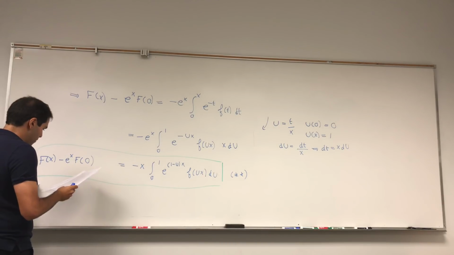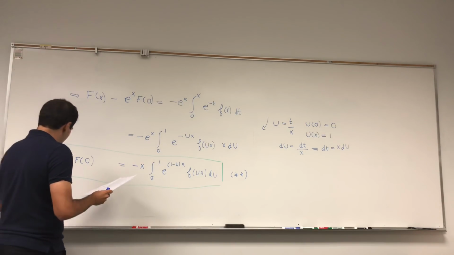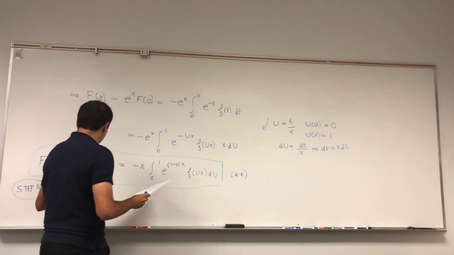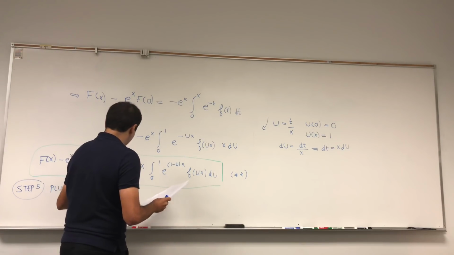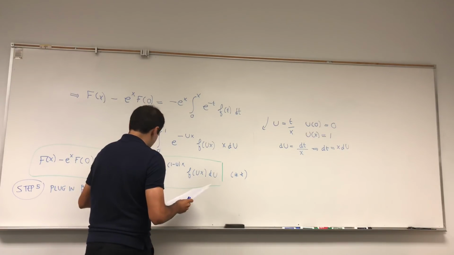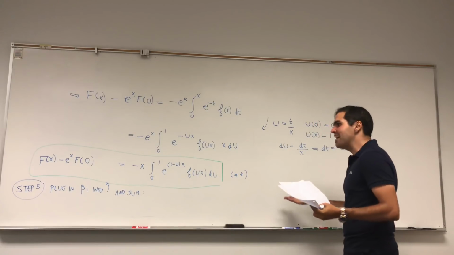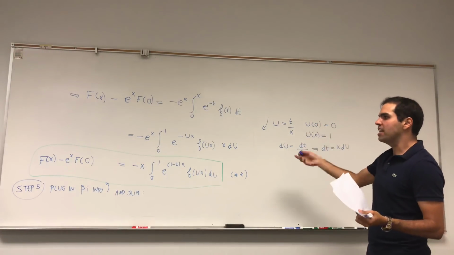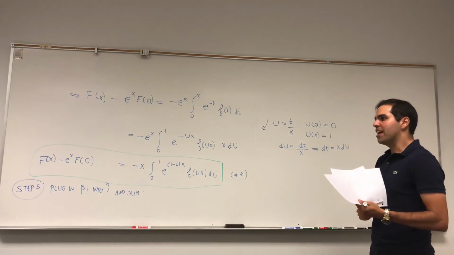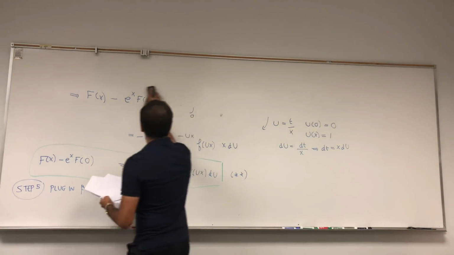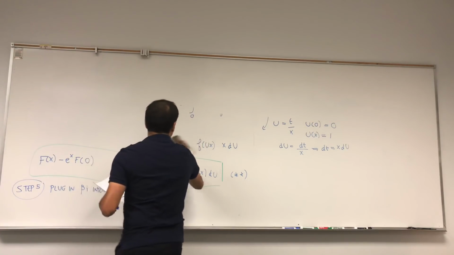So step 5, plug in beta i into this and sum. So basically we had f(beta 1) minus e^{beta 1} f(0) plus f(beta 2) minus e^{beta 2} f(0) up to beta r.